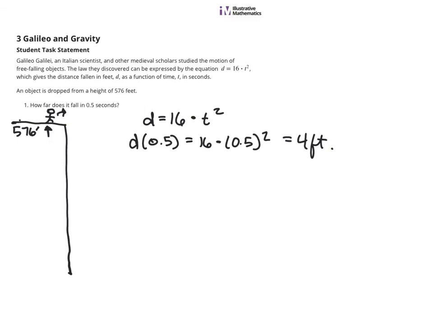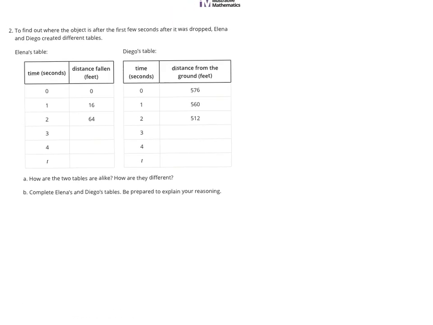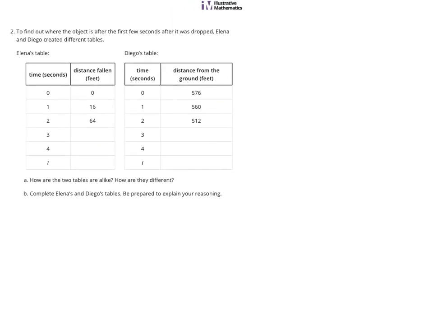Let's look at the next page. So to find out where the object is after the first few seconds after it was dropped, Alina and Diego created different tables. Alina's table and Diego's table. How are the two tables alike? How are they different?